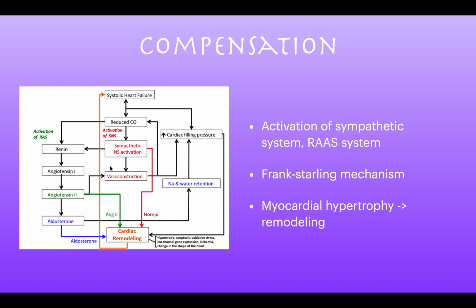Perfusion is going to be okay, and this is only a mild rise in blood pressure. But over time, there's going to be myocardial hypertrophy, and that's the remodeling. The hypertrophy occurs because of apoptosis, oxidative stress, ion gene channel expression, and ischemia, all of that happening in response to the cardiac output.